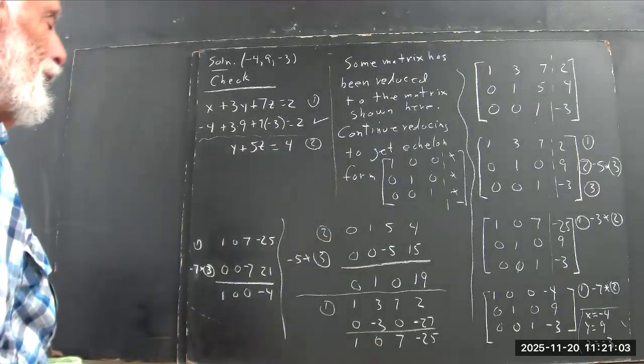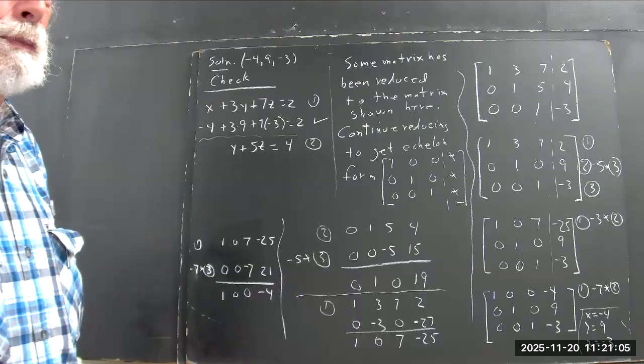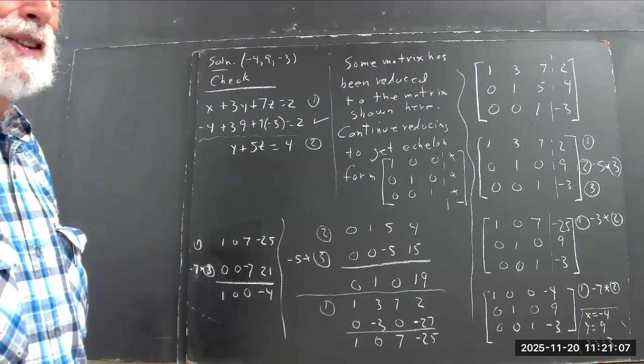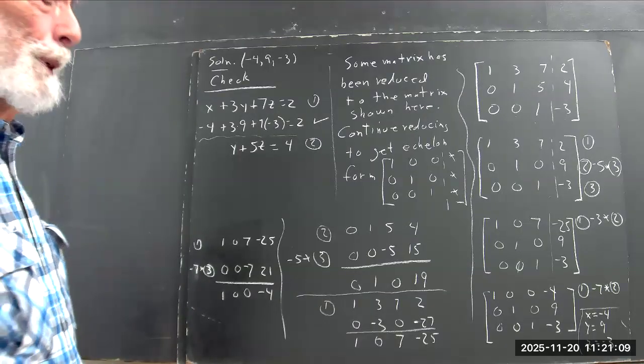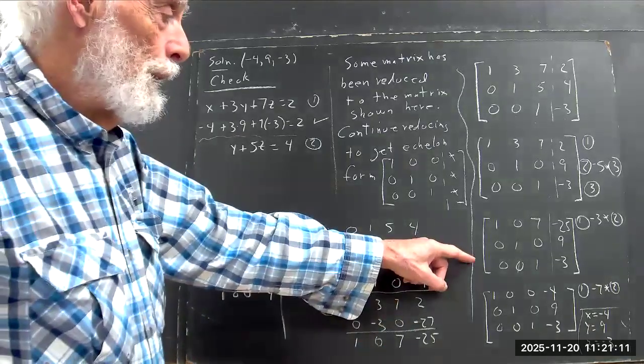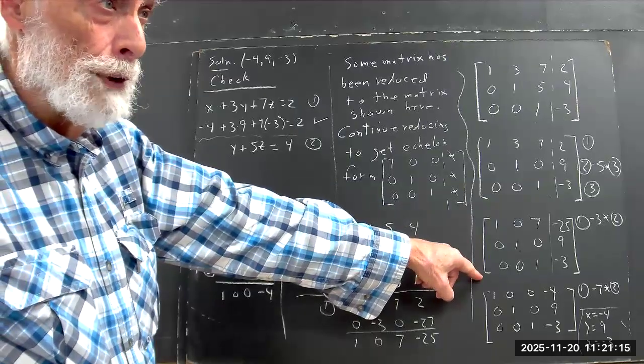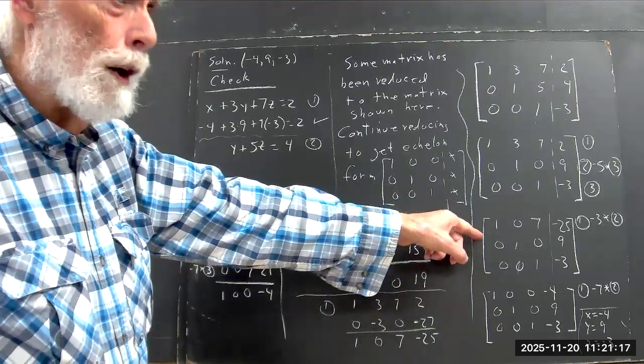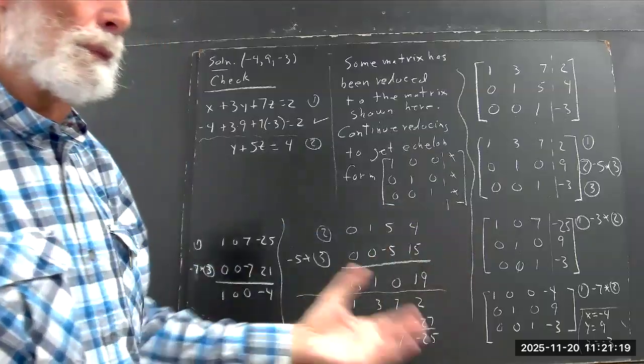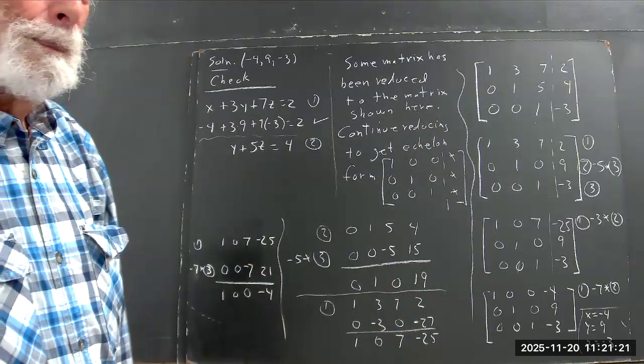Well, I'm 99% certain this is going to check, because I used row 2 and row 3 to simplify row 1. And if either of these rows had been off, my row 1 wouldn't have given me the identity.